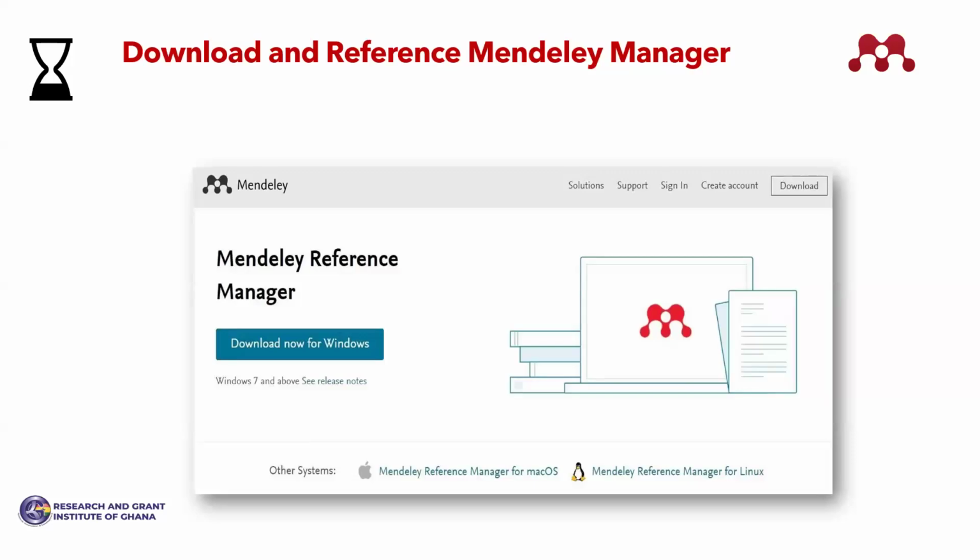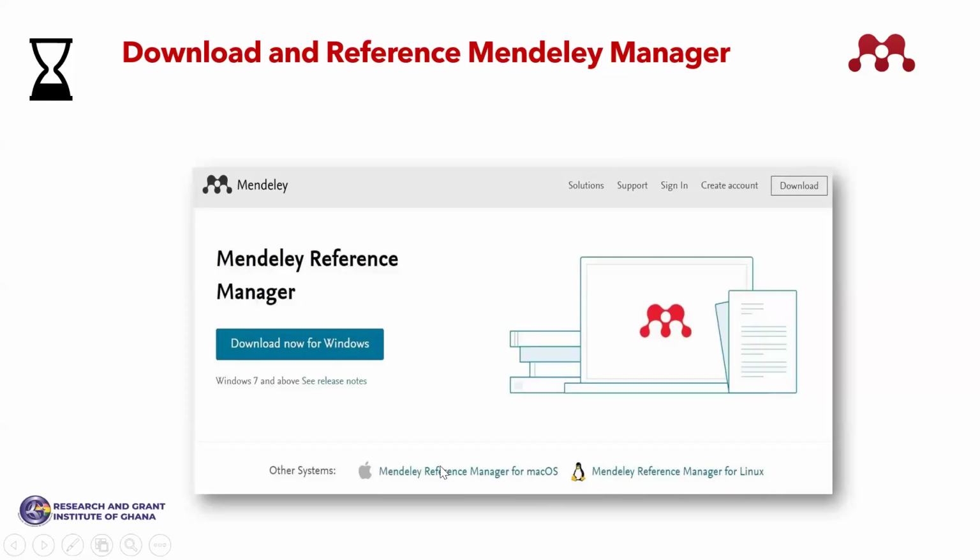So if you want to download the new version of Mendeley Reference Manager, you just go to download now for Windows. When you go down, you are going to see Mendeley Reference Manager for Mac OS and for Linux. If you are using Linux as your operating system, you can just click on Linux.